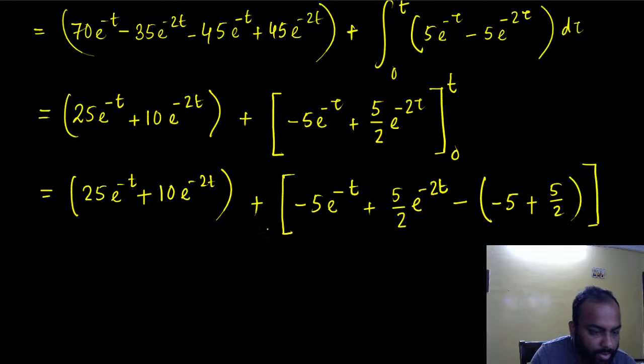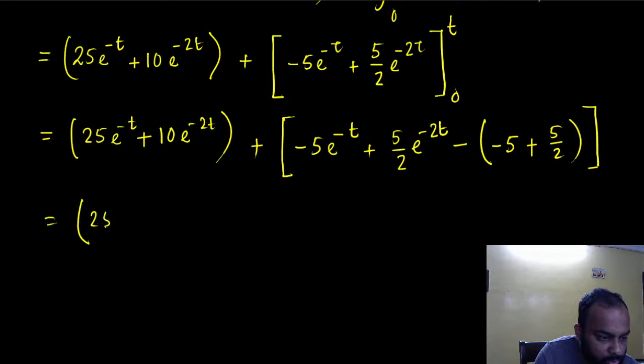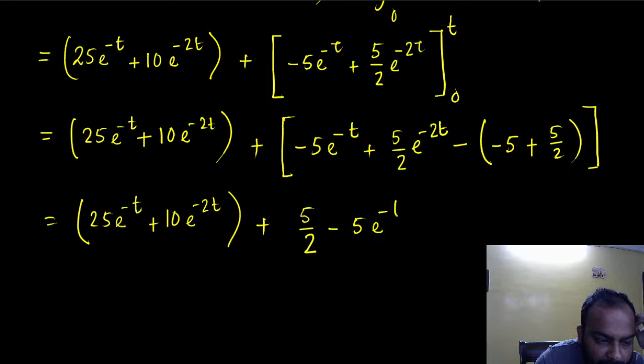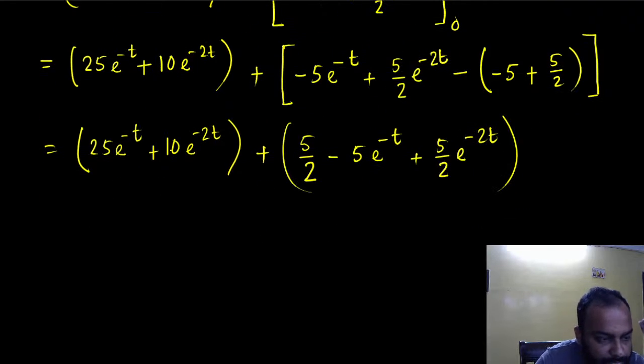So this is 25 e to the power minus t plus 10 e to the power minus 2t, plus, if I simplify, minus 5 becomes 5, that's 5 by 2, then minus 5 e to the power minus t, and then plus 5 by 2 e to the power minus 2t. That part is the forced response, and that part is the natural response.